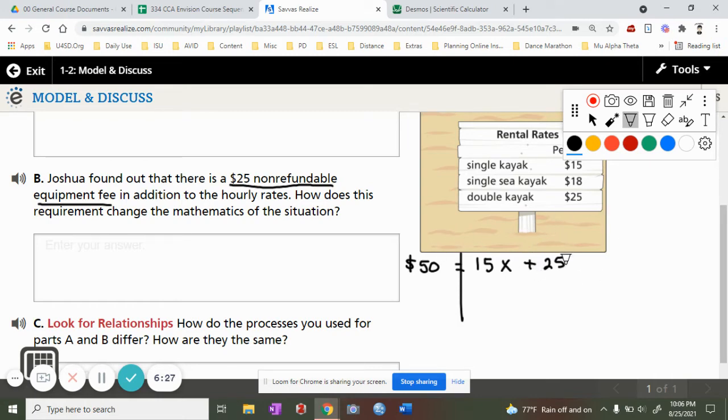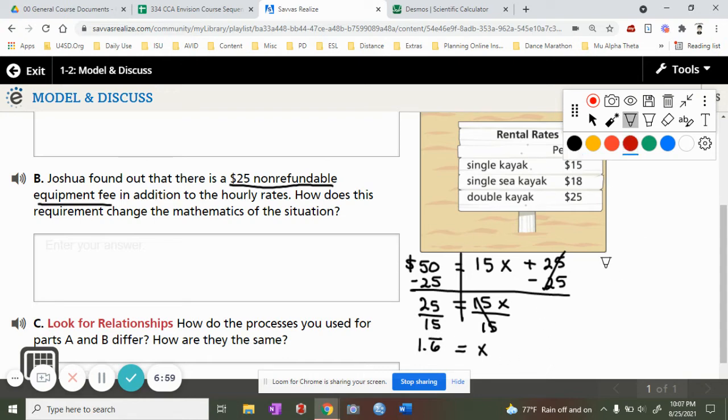So I'm going to first undo this 25, and I'm going to subtract that from both sides. Okay, so 50 minus 25 is 25, and that equals 15x. And I'm going to divide both sides by 15. Then we get x equals 1.6 repeating.